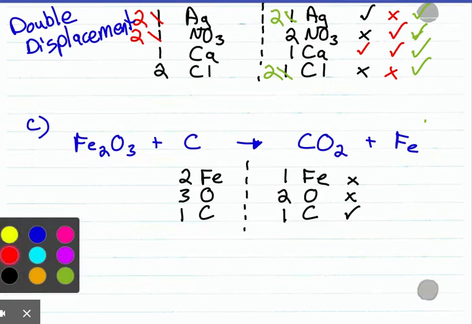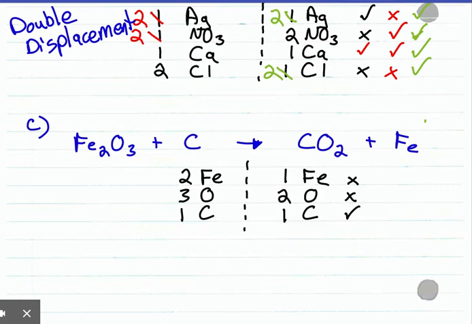To do that, that means over here, I need to multiply this whole thing by 2. So that means I now have 4 irons, and you're probably seeing why I didn't want to touch iron first, and 6 oxygens. And then, so nothing is going to be happy here yet, but I can multiply this carbon dioxide by 3.